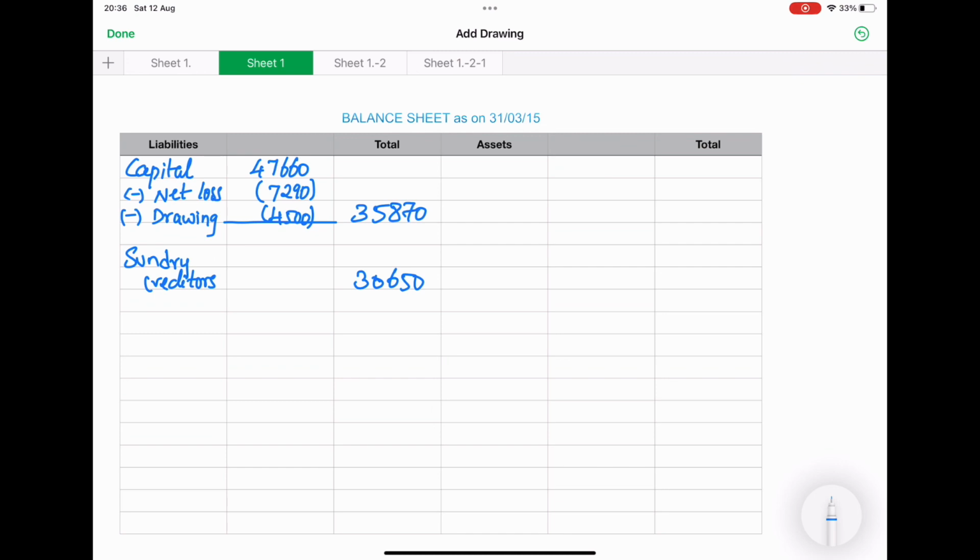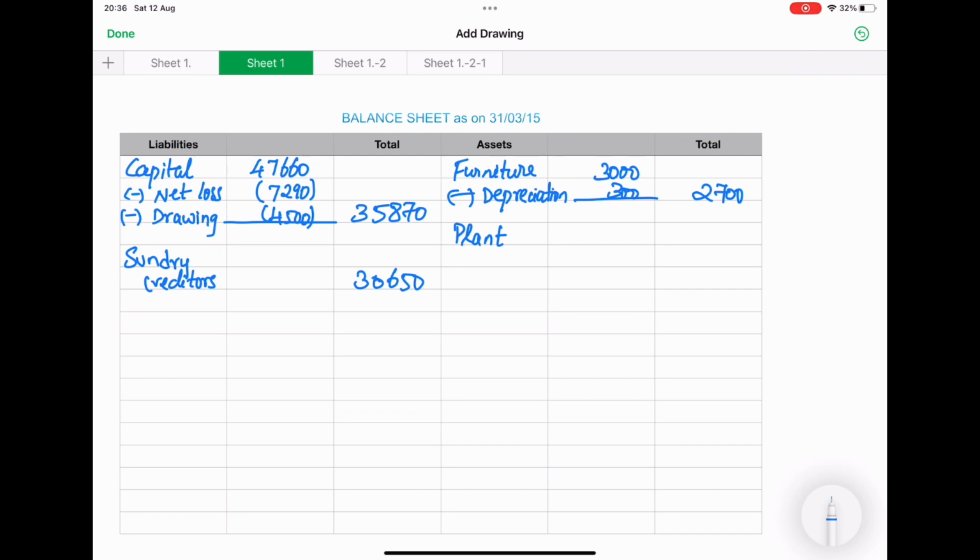Very easy. Yes. Next we are going to start with assets. First furniture. Furniture total we have to write in the inner column, 3,000 less depreciation 300, 2,700. Next, plant and machinery, I'll just mention plant.